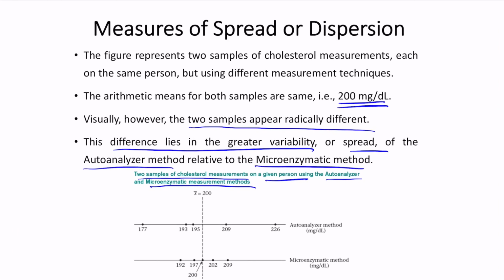How do you say that one has a larger spread? It's because the one you are comparing it to has a smaller spread. So understand that variability is a relative expression, where the comparison of two different things gives you the final picture.